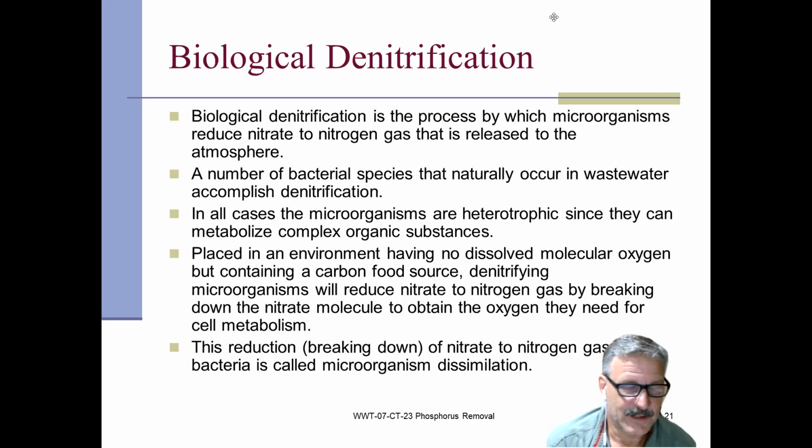The denitrification is definitely harder to do than the nitrification. Nitrification requires a ton of DO, but you can control it by your amount of dissolved oxygen. The denitrification is the secondary step, which is the hardest one to control. Okay.